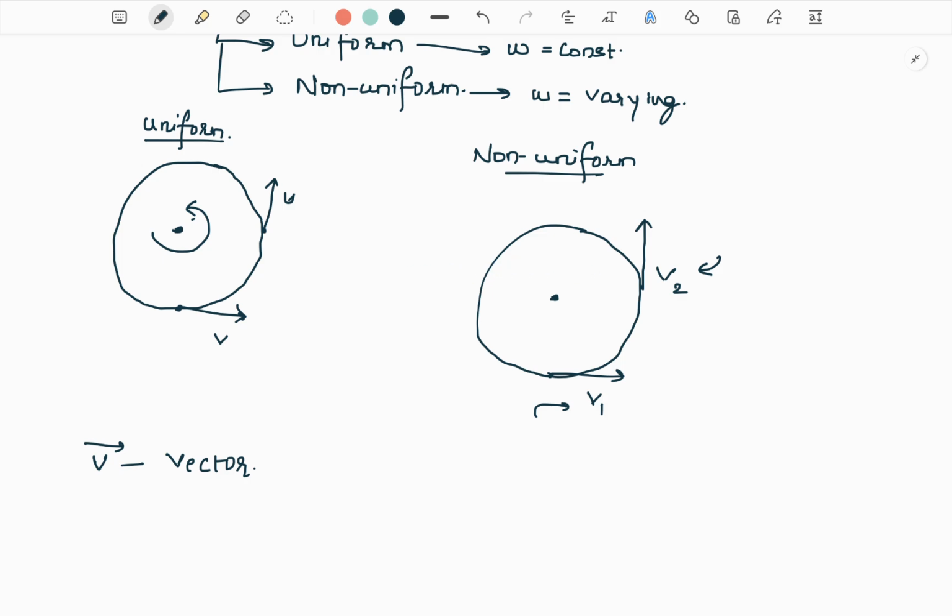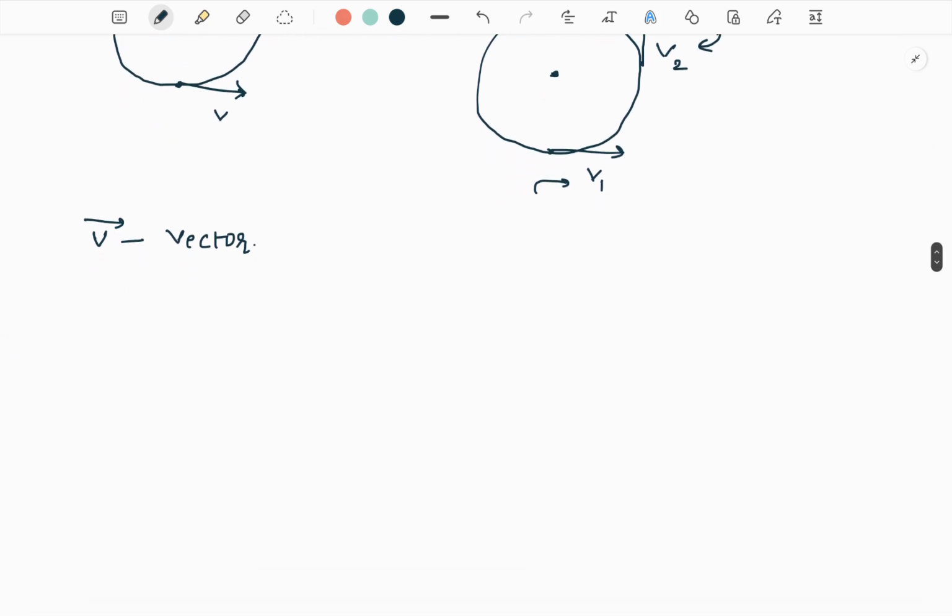Whenever there is a change in velocity of a body, such a body is said to be undergoing acceleration. We have defined acceleration as the rate of change of velocity. If we use that definition and proceed with it, we will get the acceleration for a body going in a circular path.